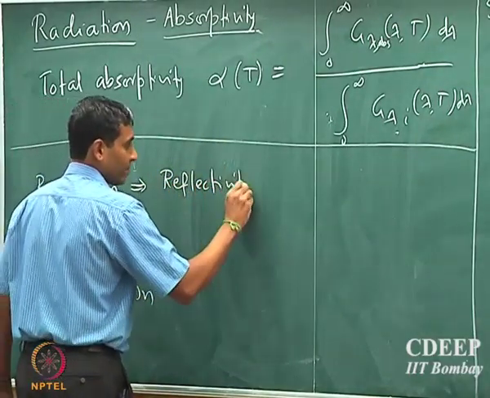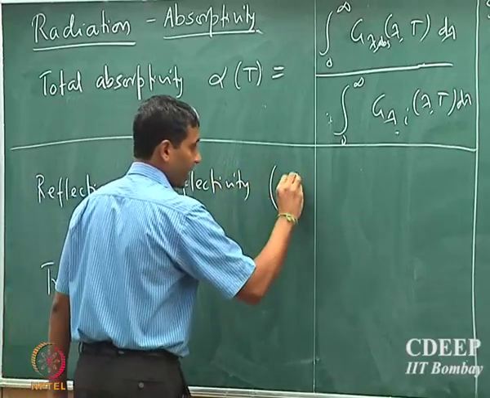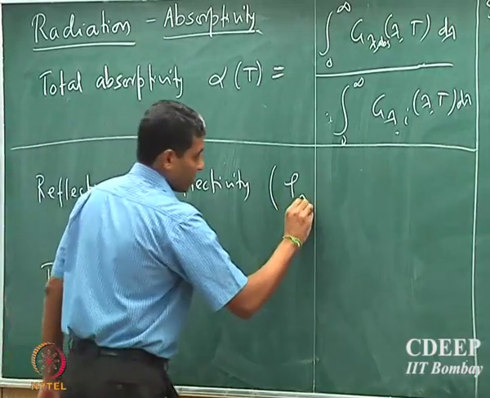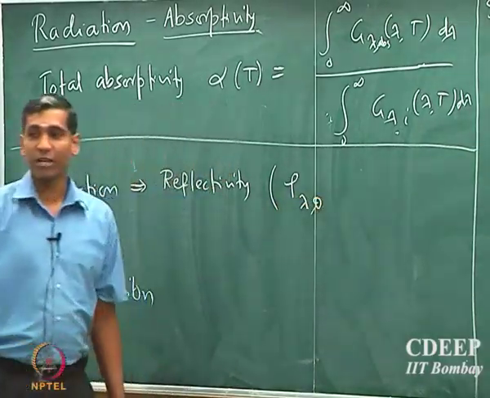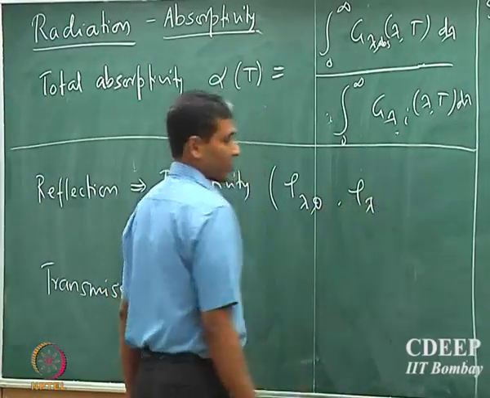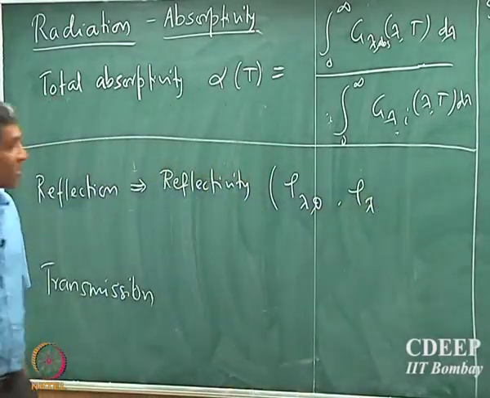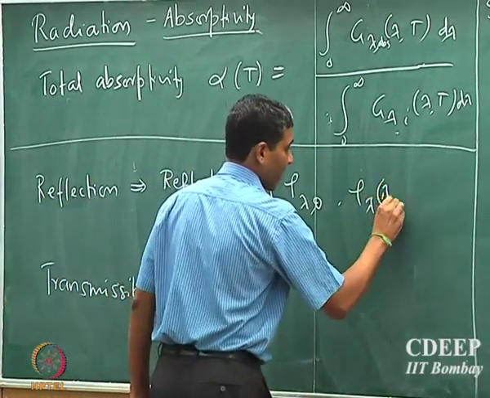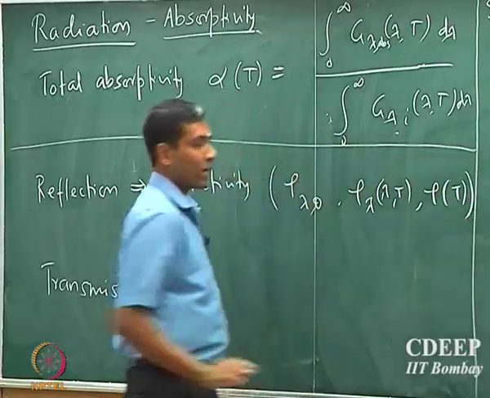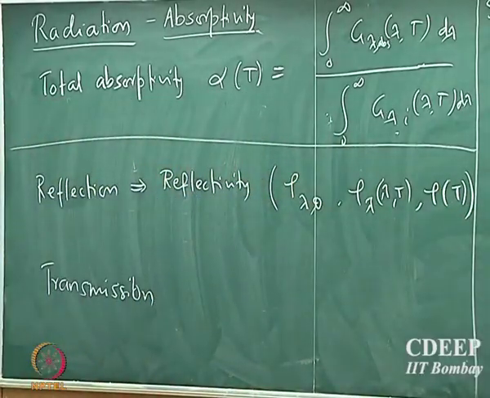Reflectivity, for which the symbol used is rho. Rho of lambda comma theta means it's the local reflectivity. Rho of lambda is the spectral hemispherical reflectivity, which is only a function of lambda and temperature, and rho of T is the total reflectivity, which is only a function of temperature.